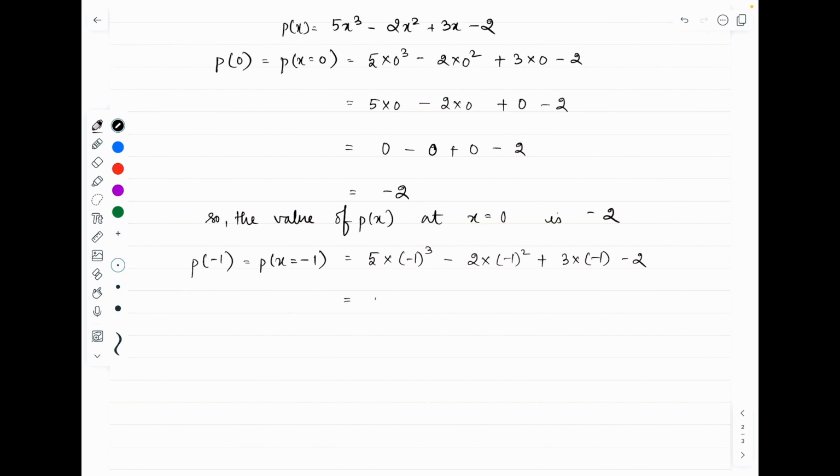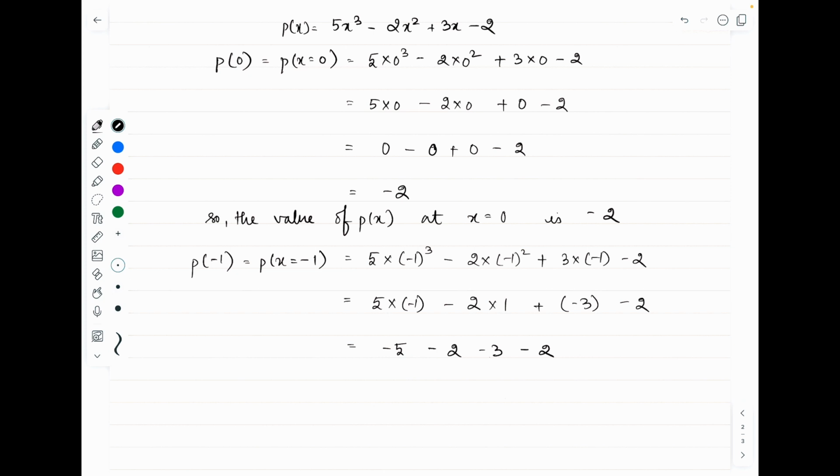5 into minus 1 cube: minus 1 cube is minus 1 only, so 5 into minus 1. Minus 2 into minus 1 square: minus 1 square is 1 only, so minus 2 into 1. Plus 3 into minus 1, we write as minus 3, then minus 2. 5 into minus 1 is minus 5, minus 2 into 1 is minus 2, so minus 7.